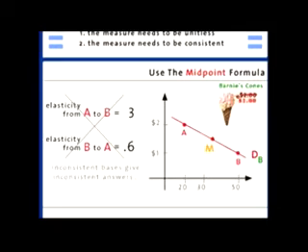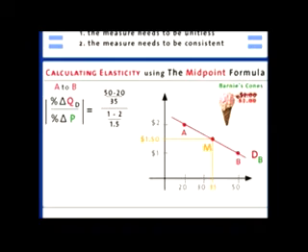So, what do we have? Negative $1 divided by $1.50 is negative 2/3. Now, to calculate the elasticity of demand, take the percentage change in quantity demanded, which is 6/7, and divide that by the percentage change in price, which is negative 2/3.